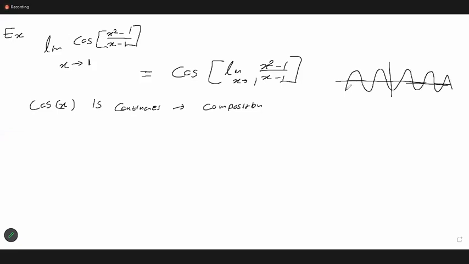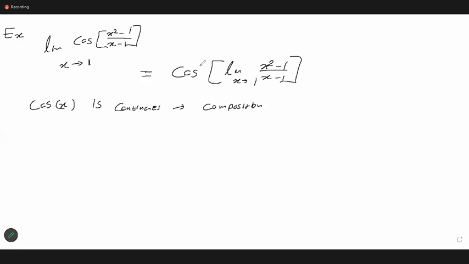There is no hole or asymptote in the cos function, nor in the sine function. That's the meaning of continuous, right? So if it is continuous, we can apply this concept.